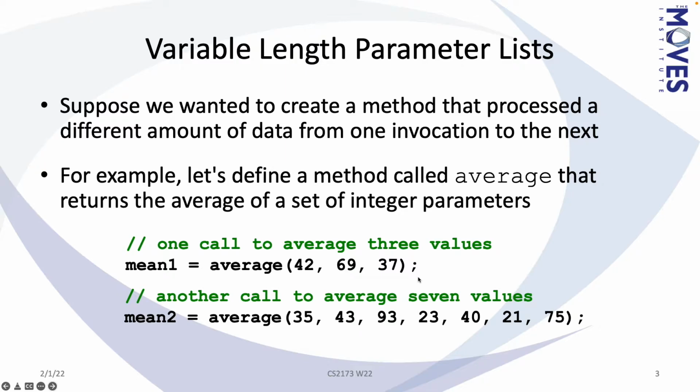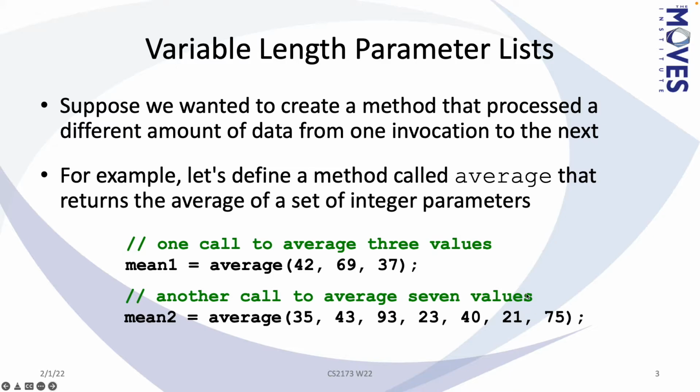Here we want to be able to just pass in the numbers. Sometimes that's convenient, sometimes this is actually more of a pain than it's worth, but for whatever reason we want to do this. So I want the same method to take either 3 arguments or however many arguments I want to give it.